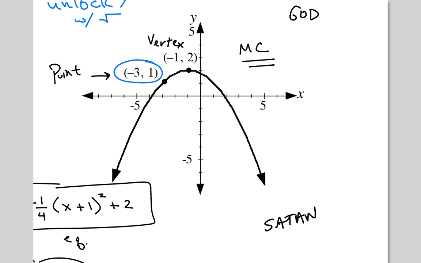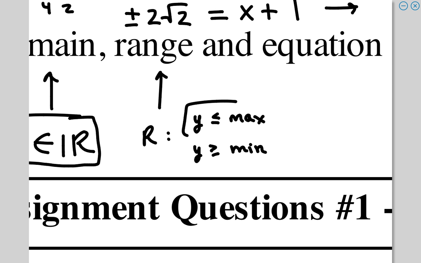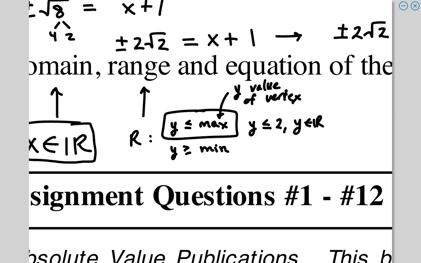Which way are we looking? Down? So then this guy's a max. That means all other y values are below it. So if everything's below a certain number, then we have to choose this one. And what is the max value? It's the y value of the vertex. It's 2? Okay, thanks. y less or equal 2, comma, y element real. That would be what you want there.